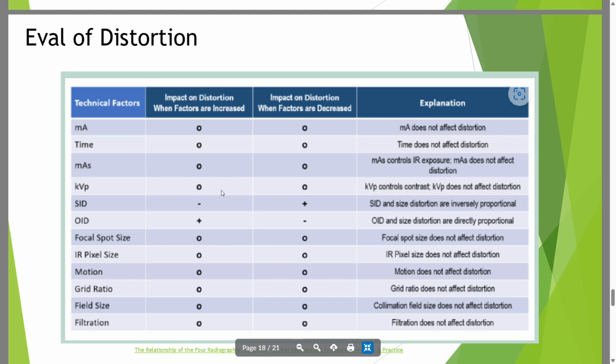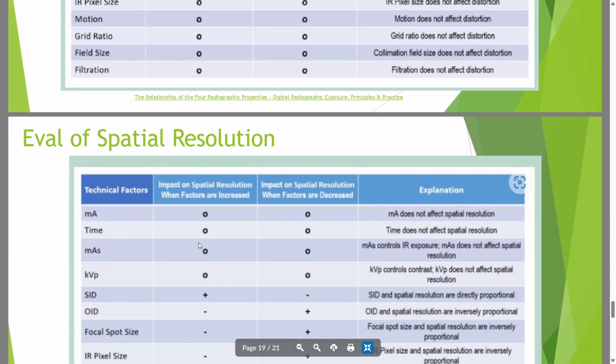So as we increase SID, we lower distortion. But as we increase OID, bring the object further away, then we increase distortion. So SID and distortion are inversely proportional versus OID and distortion that are directly proportional.